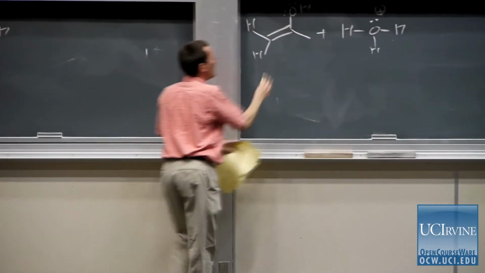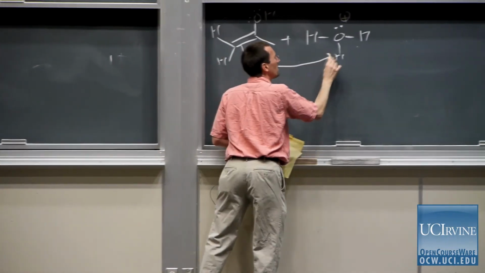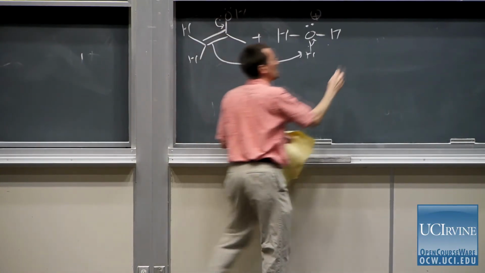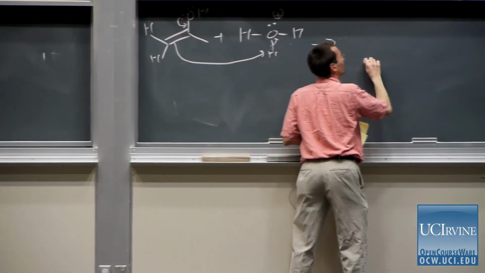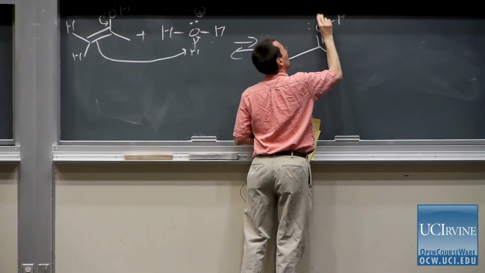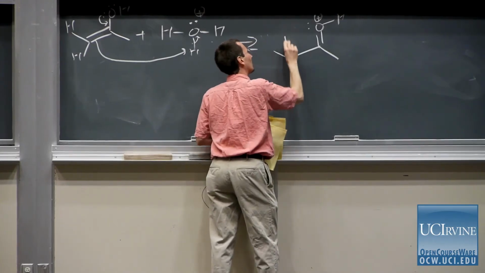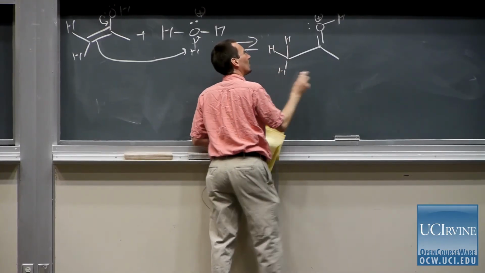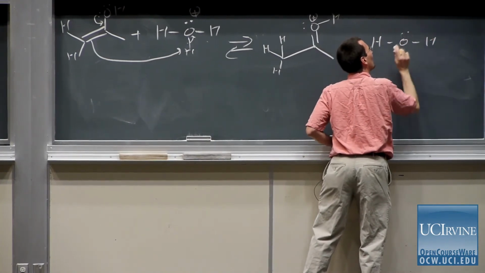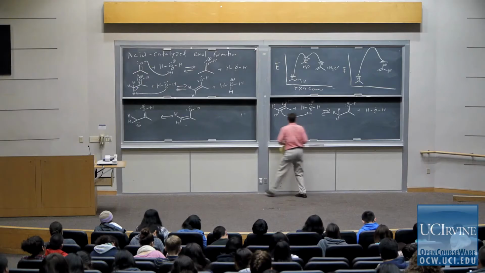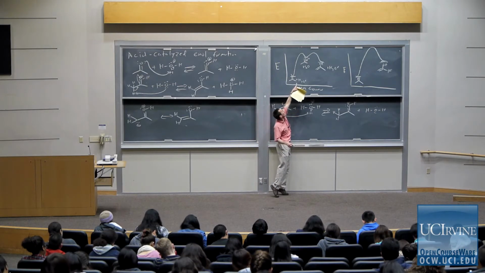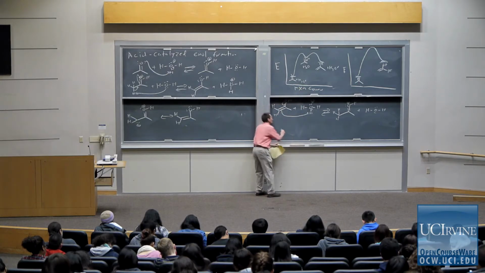Protons flow, the proton goes to the alpha carbon, electrons flow down from the oxygen, and now in the second step, that's the step in going from our intermediate in water back to our acetone.